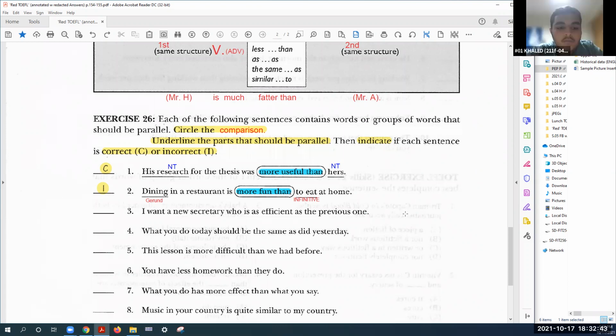Osama, what's the difference between dine and eat? Dine means eat. But eat in the night. Yeah, usually. Okay, so we'll just make it two gerunds. Dining in a restaurant, eating at home.